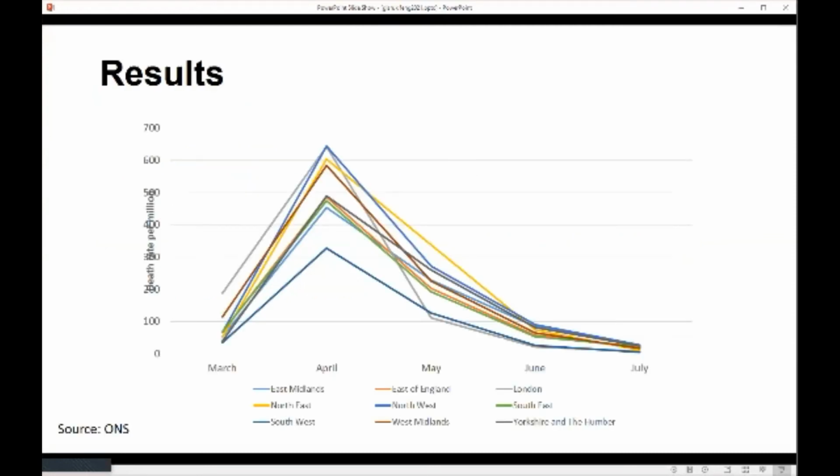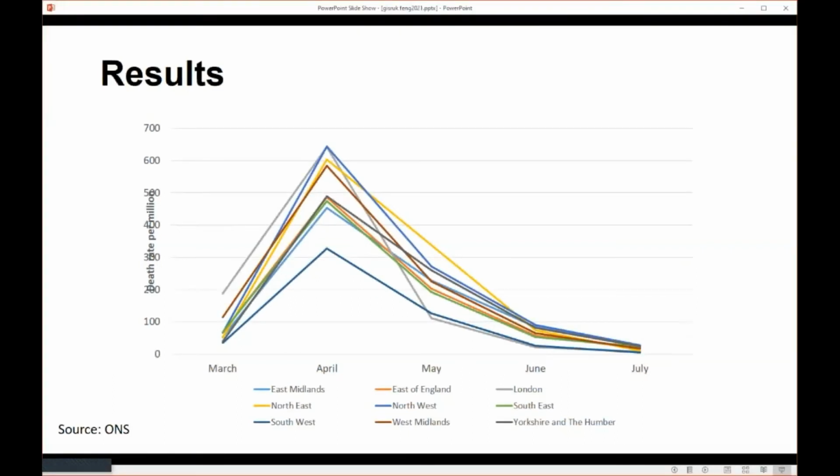So here is a result, more or less a recap of the graph we showed earlier, but this focuses on the monthly figure by region. We can see from March, April, May, June, and July the regional variation in mortality rate.